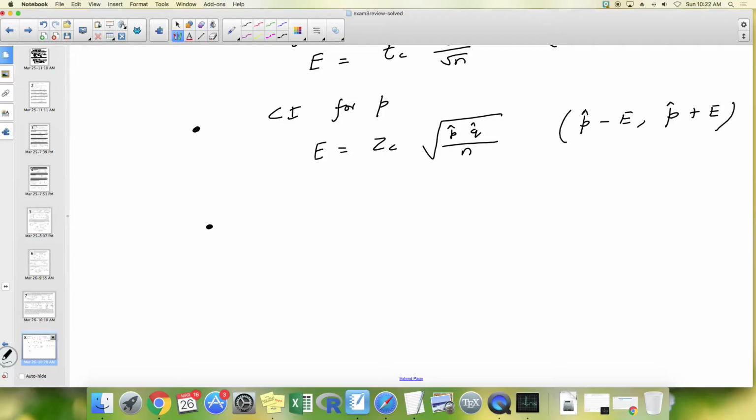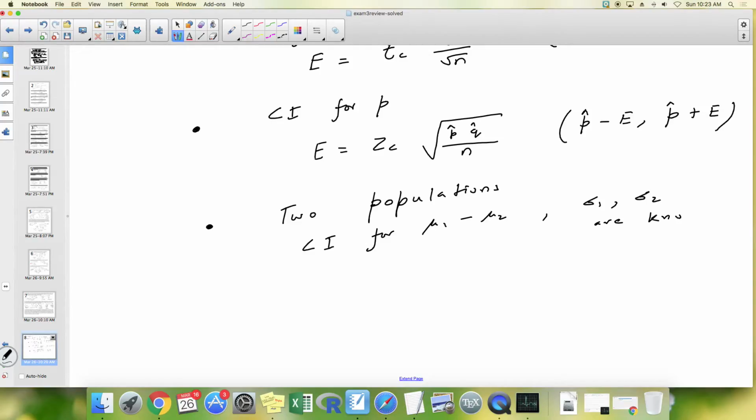So the other ones will be two populations. A confidence interval for mu1 minus mu2, where sigma 1, sigma 2 are known. Here it shall be E equals ZC times square root of, I'm writing this with the full knowledge that we haven't done this, so you probably are not understanding what I'm writing about.